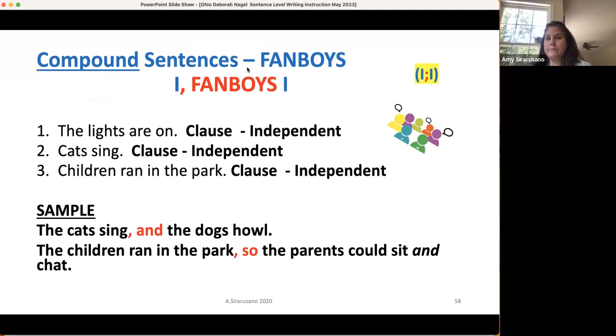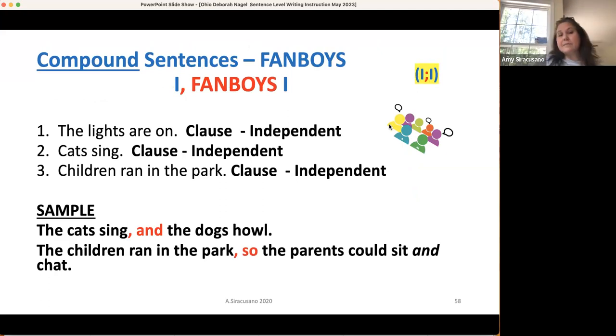Now, one thing that is not in our standards in Maryland, I don't know if it's in yours in Ohio, we don't talk about the semicolon. The semicolon can be used to pop out the conjunction. So you would have an independent clause, and instead of having one of those conjunction words, you just use that semicolon.